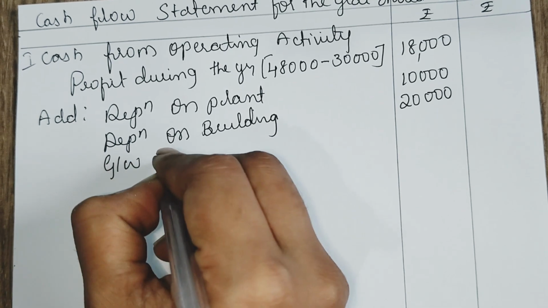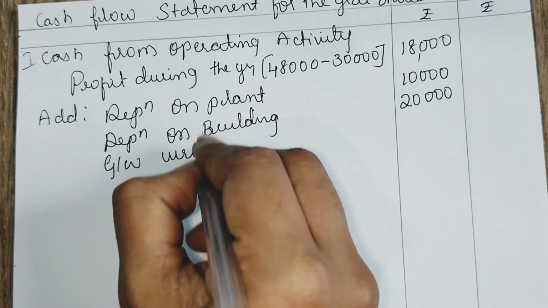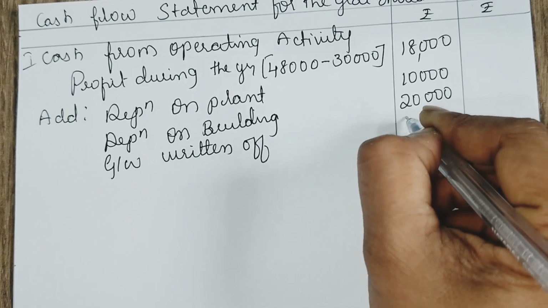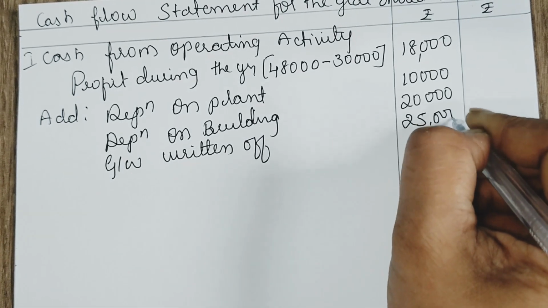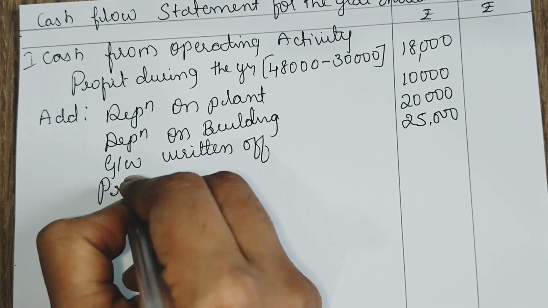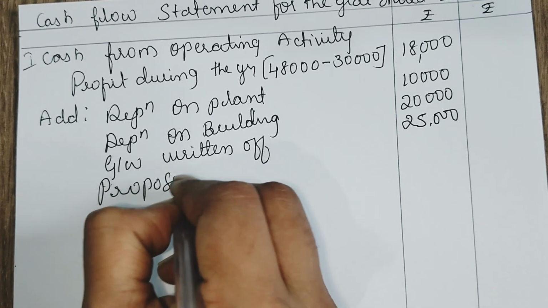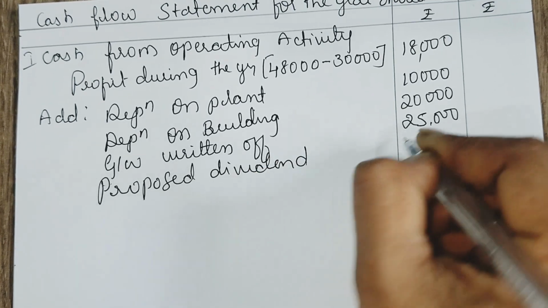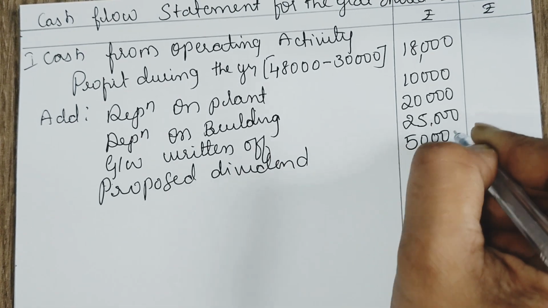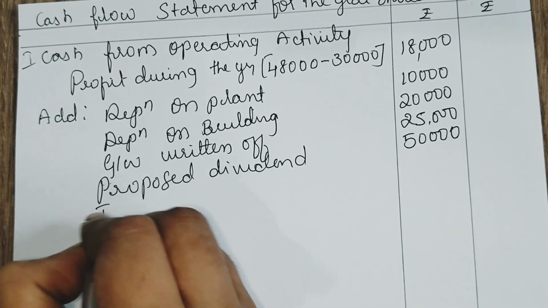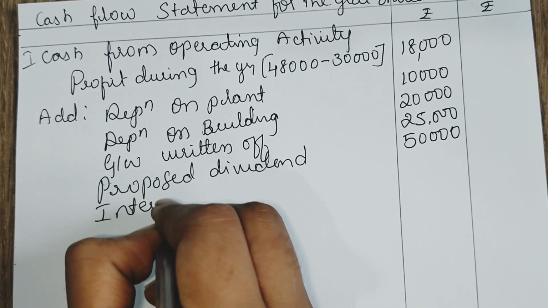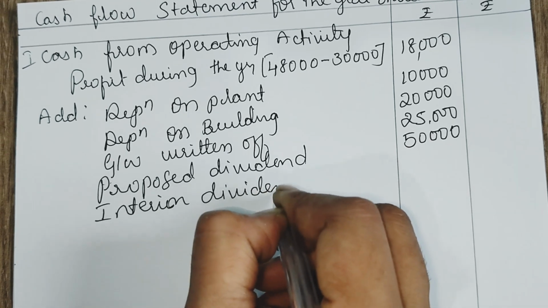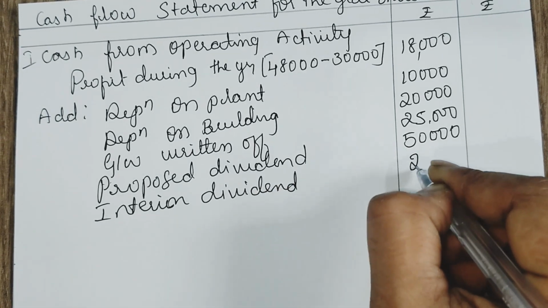Goodwill written off, because there is a decrease in the goodwill, that is goodwill written off 25,000. Proposed dividend, so dividend 50,000. Interim dividend 20,000.